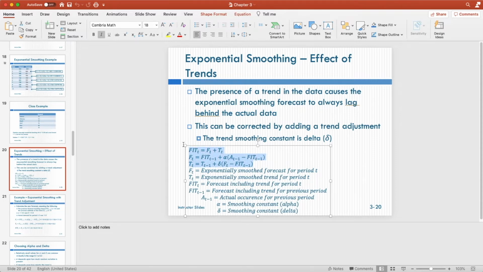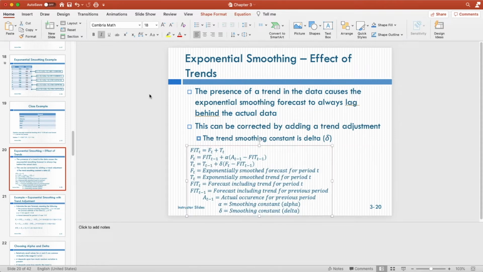These three are the equations. What is our target? Our target is FIT. What is that? This is the forecast incorporating trend. The forecast incorporating trend at period t equals the forecast before incorporating trend in period t, plus the trend at period t.